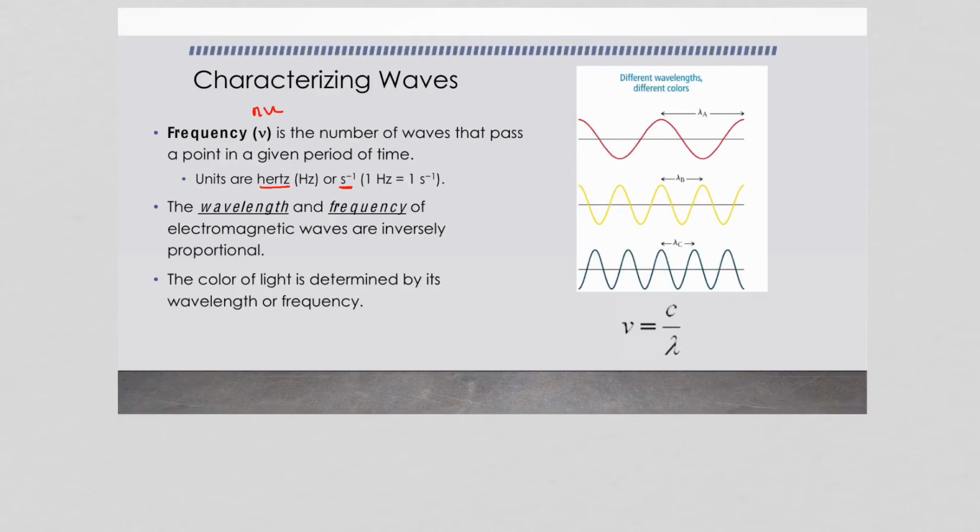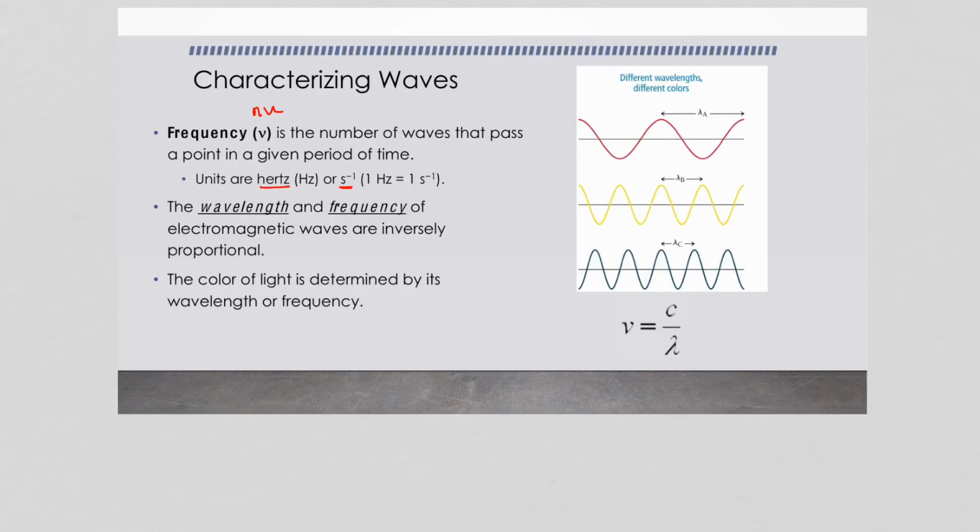So you'll see one of those two units when we talk about frequency. And again, this is how many crests or how many waves pass by a given point per period of time. So we might imagine having waves and we're staring at a point and just counting the number of crests that pass that point in a given period of time, say every second.